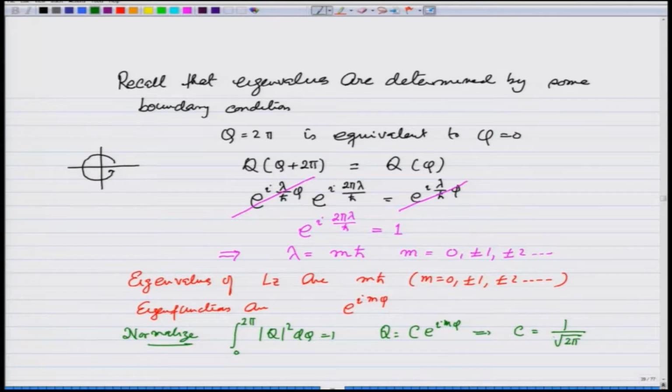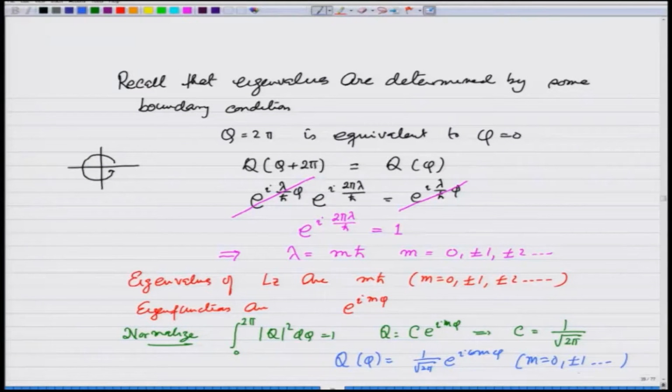So, my normalized eigenfunctions for Lz are 1 over square root of 2 pi e raised to i m phi, m equals 0, plus minus 1, and so on.